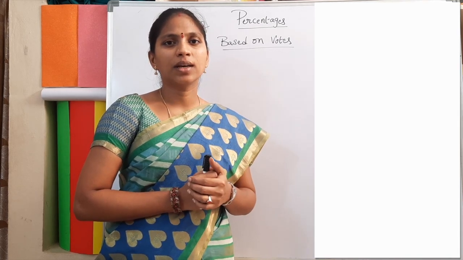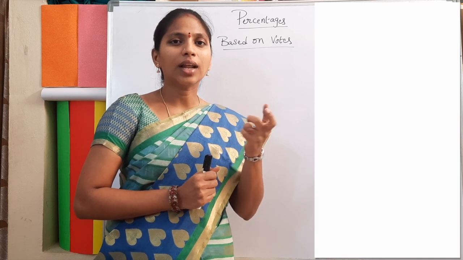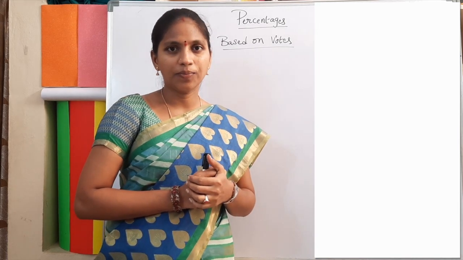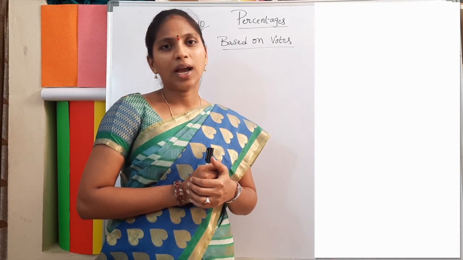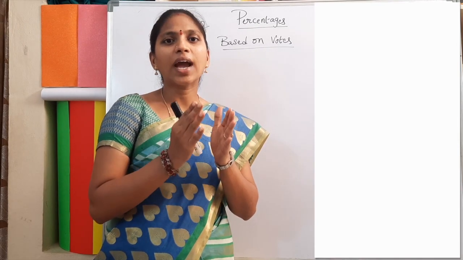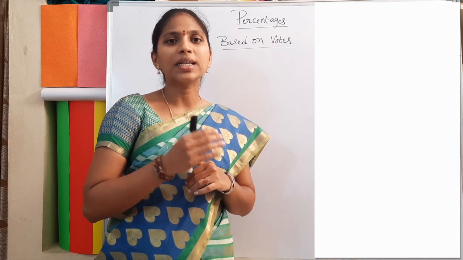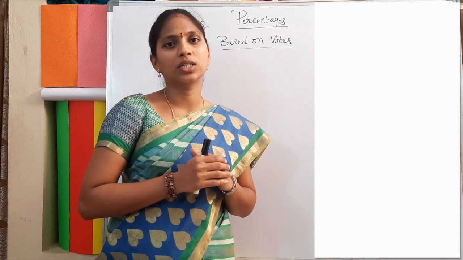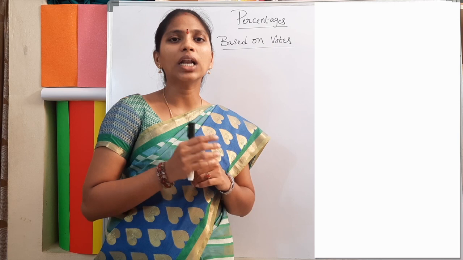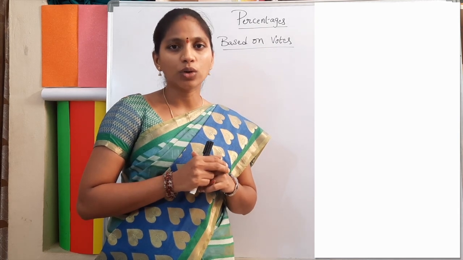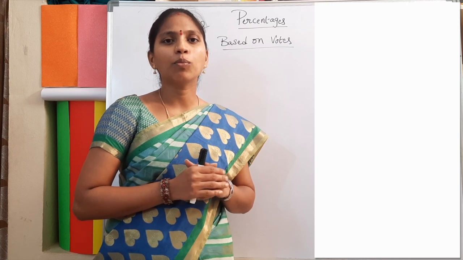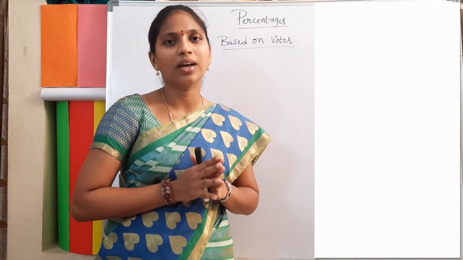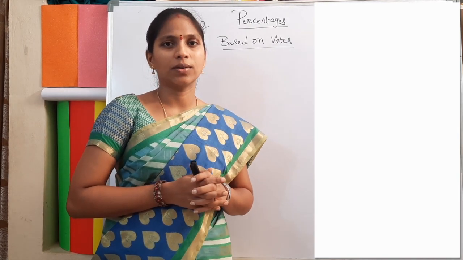Another type is: in an election, two candidates contested, there are some invalid votes, and the first candidate got some percentage of valid votes. Then find out the total number of valid votes in that election. These are the most important questions related to percentages.